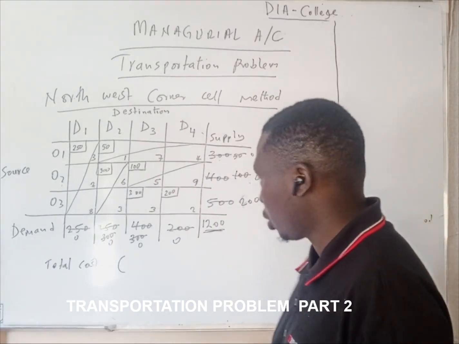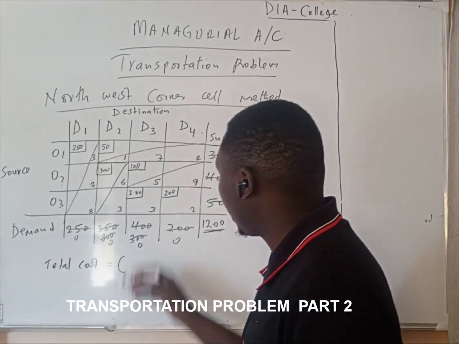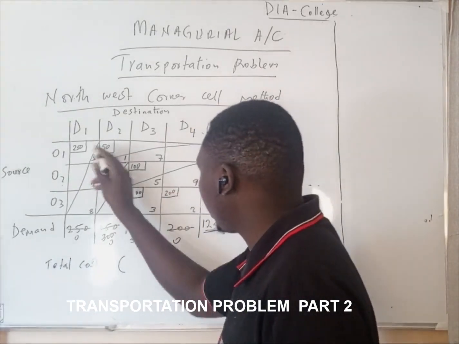To get the total cost of transportation using the northwest corner cell method, I'm going to multiply each allocated cell by its cost.